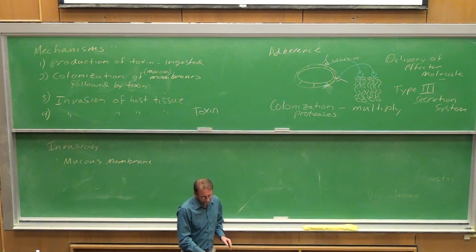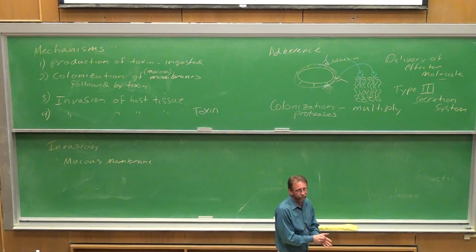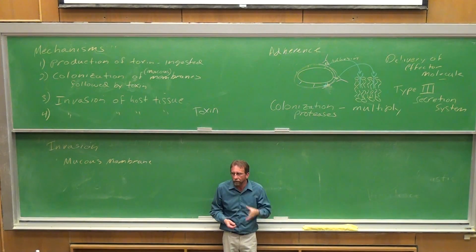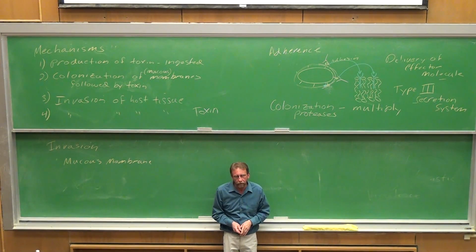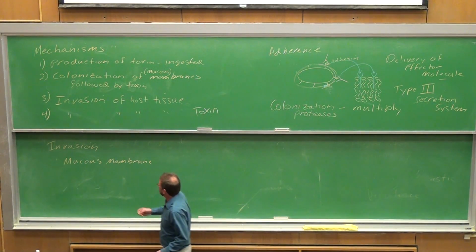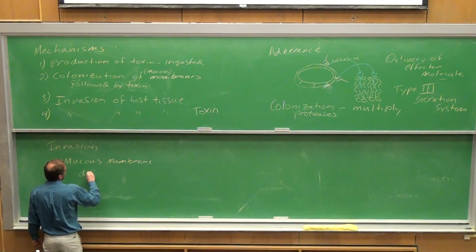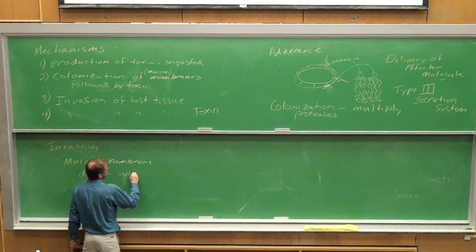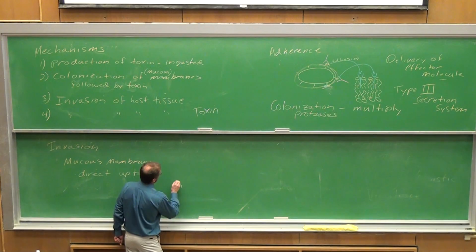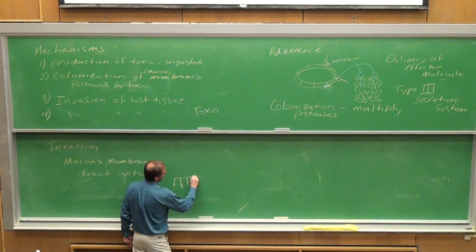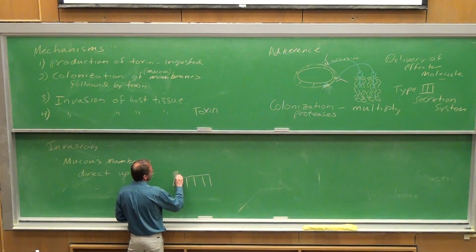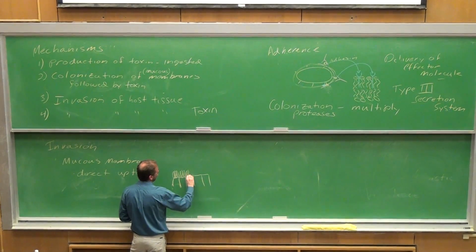What we see with the mucous membranes, and this is the most common route of infection, is that some bacteria take advantage of the systems that have been employed to sample the normal microbiota, if you will. Some microbes can cause direct uptake. So if you imagine we've got several cells lining our mucous membranes here, and if you're familiar, a lot of our cells have these microvilli.